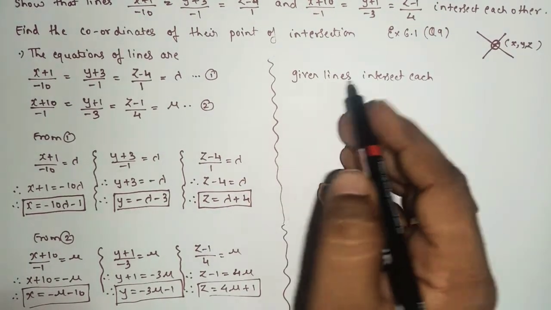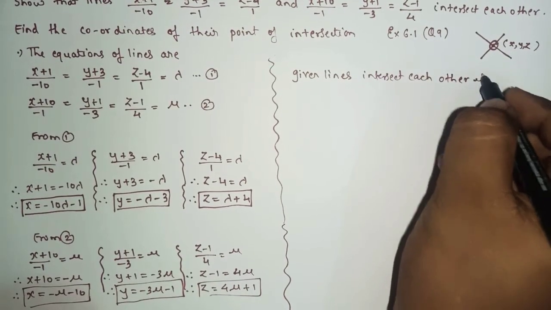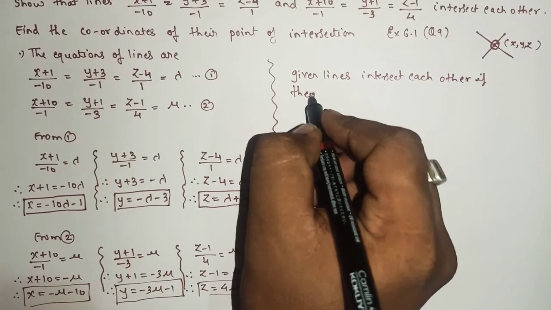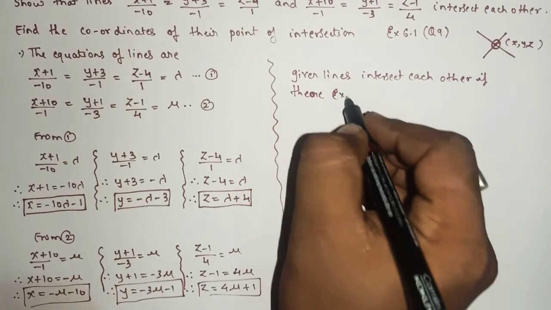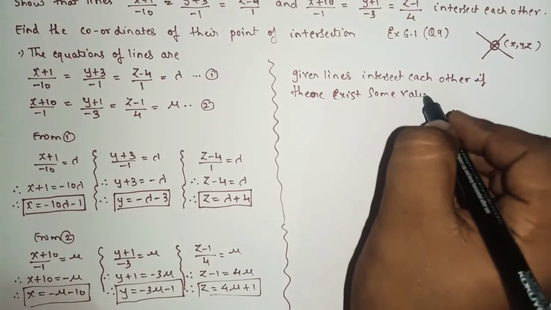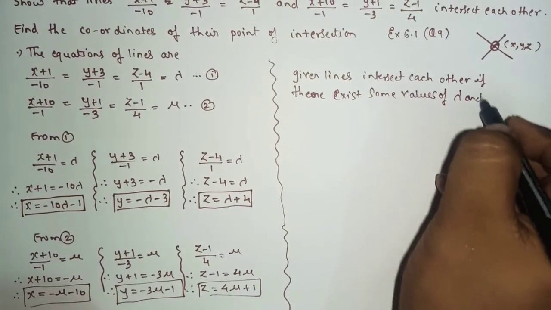So here we'll write: the given lines intersect each other if there exist some values of lambda and mu.